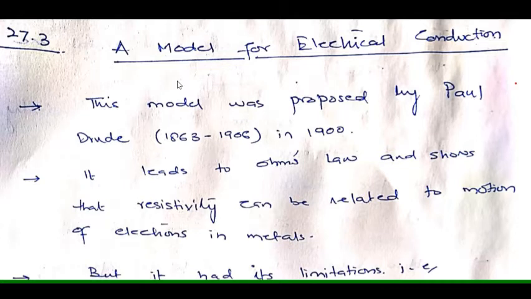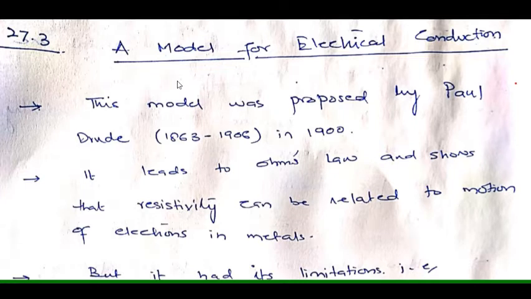So, in this article, as the name suggests, it's a model for electrical conduction, and this model was presented by Paul Drude in 1900. It leads to Ohm's law and shows that resistivity can be related to the motion of electrons in a metal.